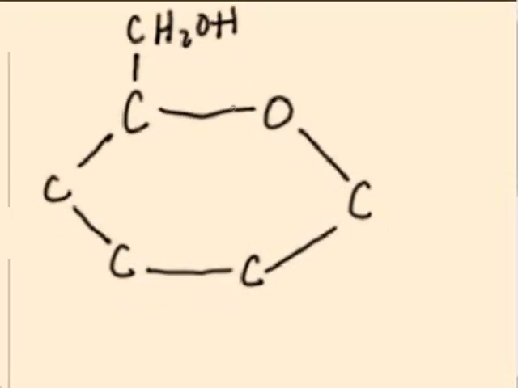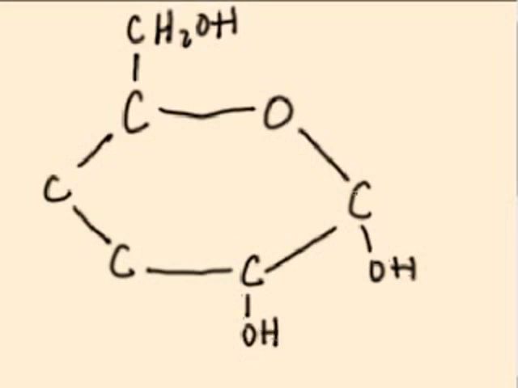Now on the rest of the carbons, we have an OH group that could go either up or down. Here, the OH is down. This one is down. Now this first one here doesn't matter if this one goes up or down.